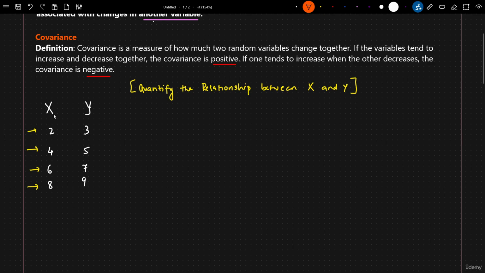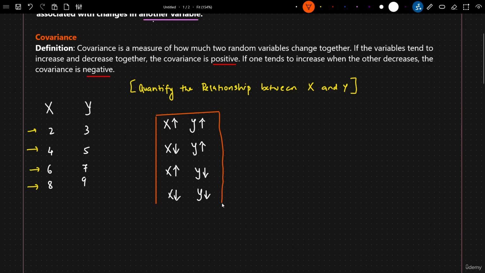Let's say in this particular data, I want to look for a relationship like if x is increasing, whether y is increasing, or if x is decreasing, whether y is increasing, or if x is increasing, whether y is decreasing, or if x is decreasing, whether y is decreasing. This kind of relationship I really want to find from this particular data. And in order to find this relationship in some numerical format, we can specifically use covariance and correlation.